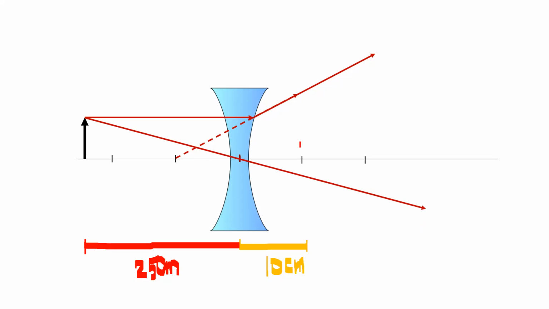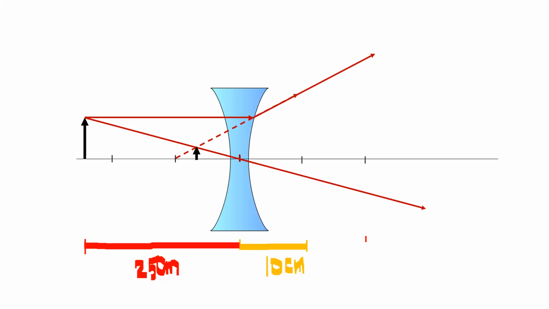Whatever passes through the center of the lens will not refract, will not bend anywhere. That's the law. So remember, any light that passes through the center of a lens will go straight. It will not bend. So this one will go up. When you pull it back, this is where the image is formed. So the image is now formed here.